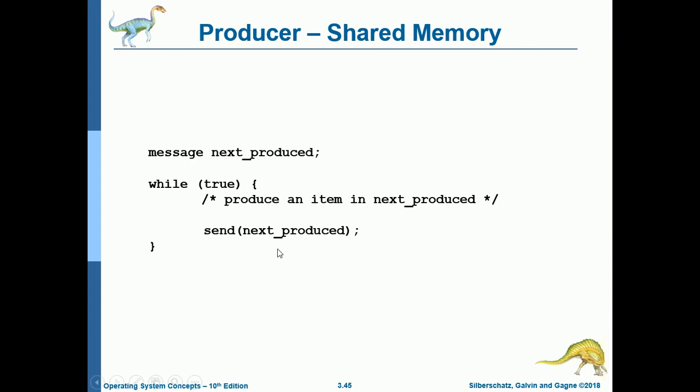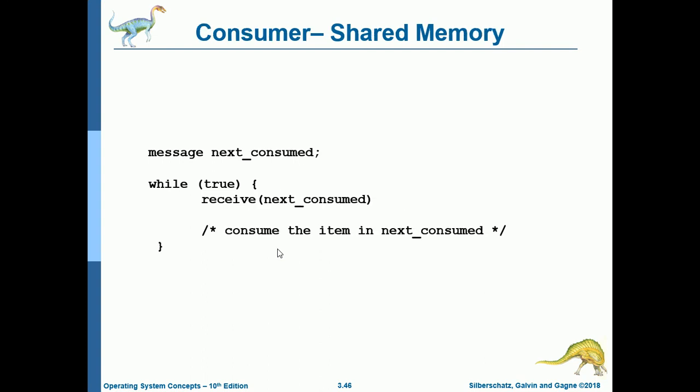And then for the consumer, message next_consumed, while true, receive next_consumed, then consume the item in next_consumed. So the consumer will receive the message.